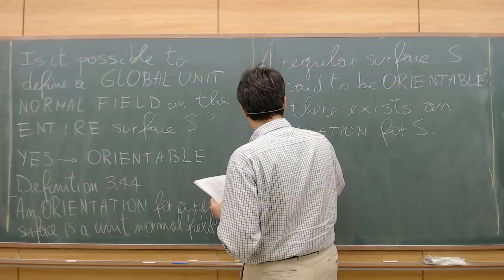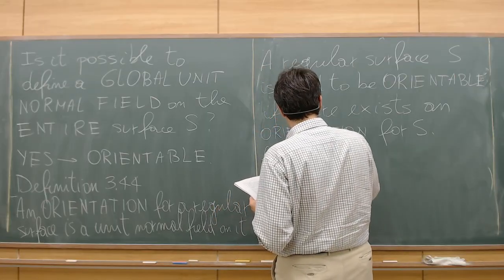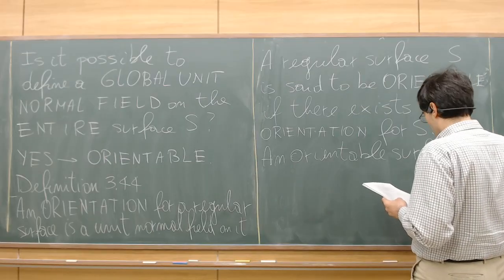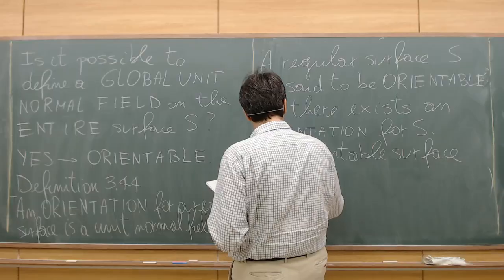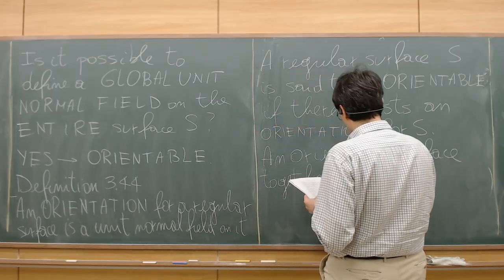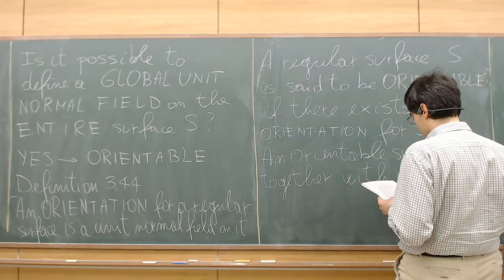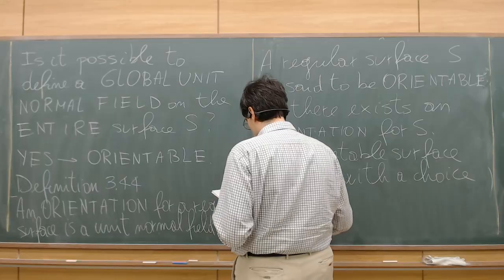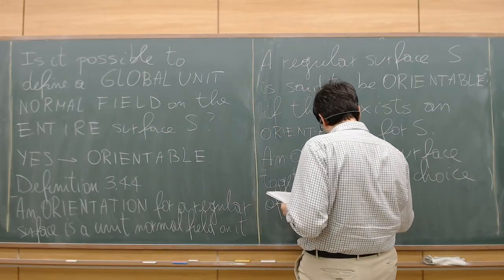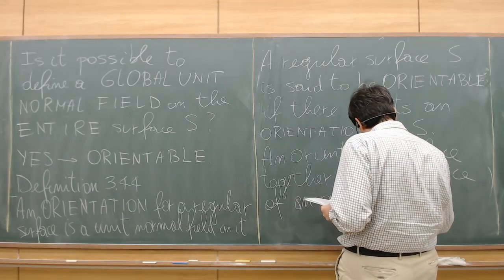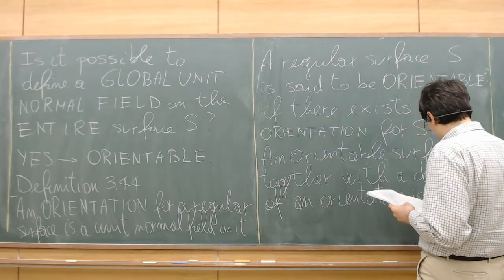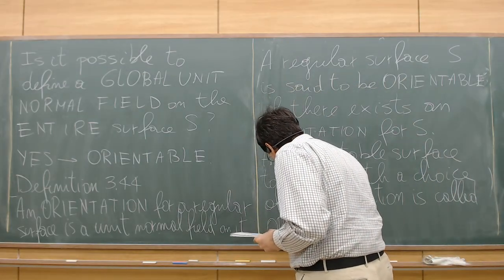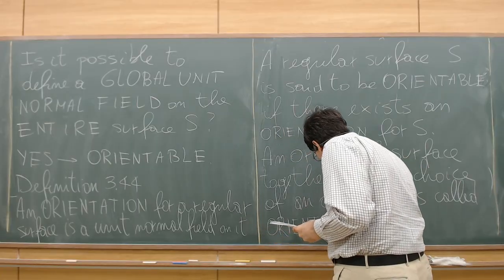An orientable surface together with a choice of an orientation is called oriented surface.